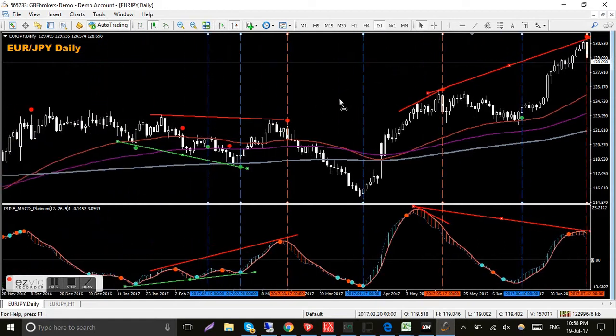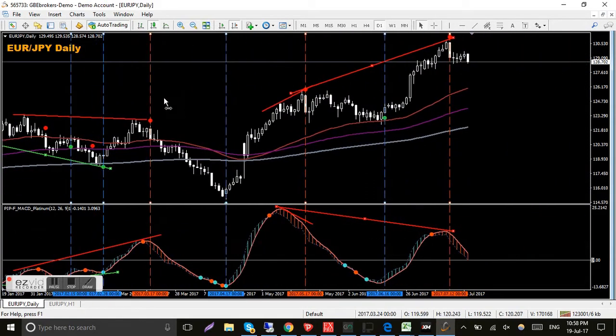So I've just marked some divergence on the chart and the vertical lines. Normally the red vertical line represents a sell, blue vertical line is a buy. Normally my red trend lines here are bearish divergence, and the green ones are bullish divergence.